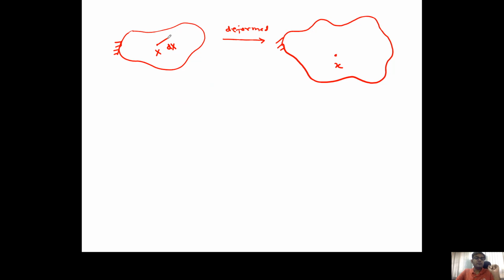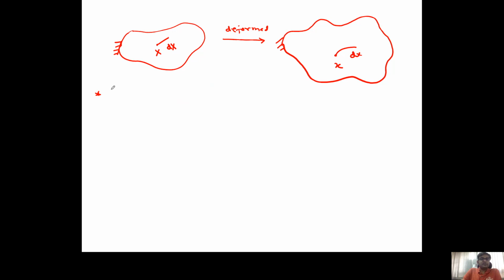And this dX, which was a line, after deformation will in most of the cases not remain a line. So let us say this is my new line dx. So this is now dx. So what is the point here?